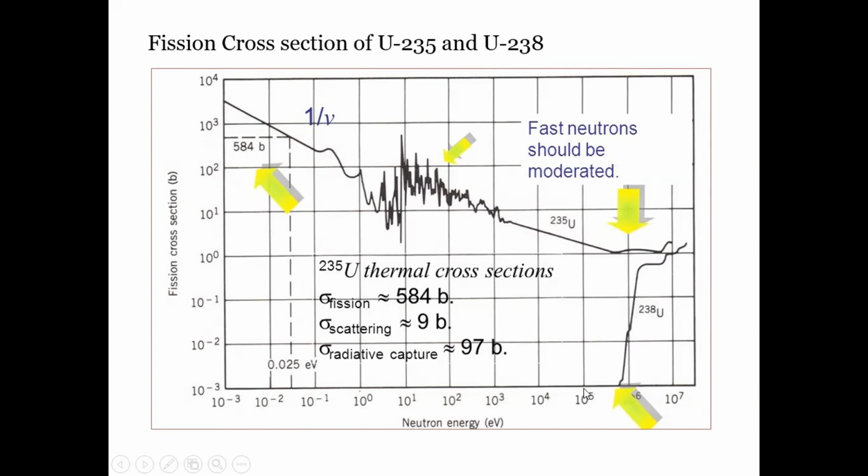For energies lower than 10 to the power 5, there is no reaction that is going to happen. So for very fast neutrons, U-238 will fission, but it will not fission for the thermal neutrons. For thermal neutrons, the fission in U-235 will be about 10 to the power 3 to 10 to the power 4 times larger as compared to these.